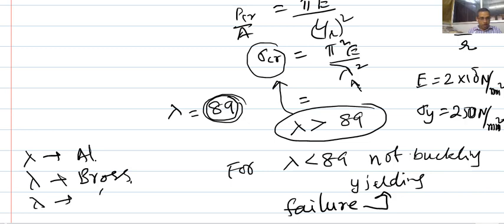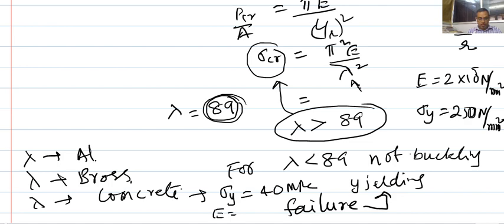lambda for concrete, you can work out, right. We know your concrete yield stress sigma y is, let us say, 40 MPa, M40 grade of concrete, and your Young's modulus is, let us say, 35 GPa. Based on this you can work out the lambda.